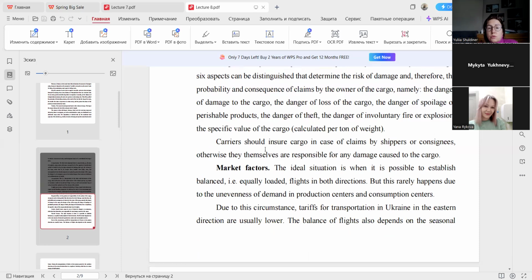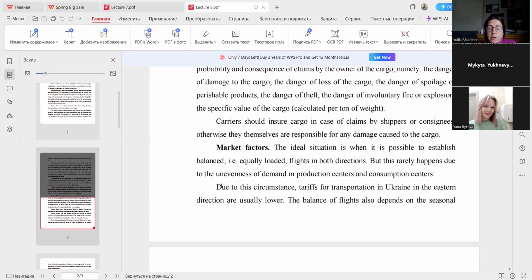Carriers should insure cargo in case of claims by shippers or consignors. Otherwise, they themselves are responsible for any damage caused to the cargo.